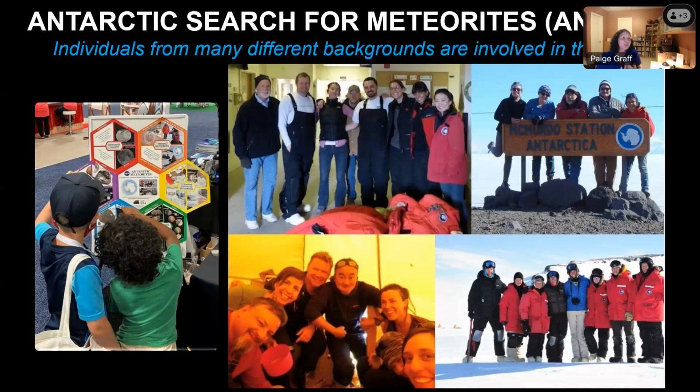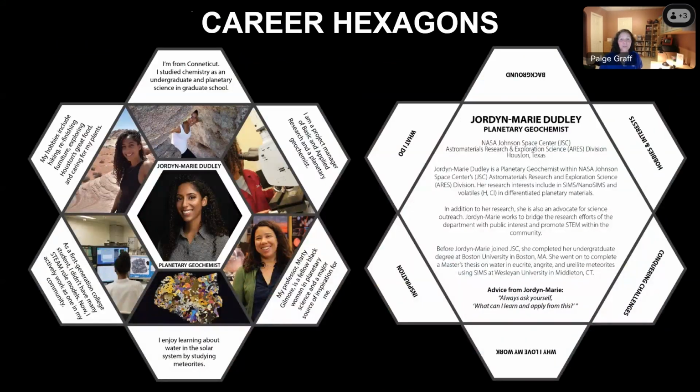But these folks or individuals that go to Antarctica, they are from many different backgrounds. And they're men, they're women, they're young, they're older, they're from all different walks of life, so to speak. Many of them are involved in research, but we want to help our learners realize that, hey, they too, you too, can be one of these folks that can be involved, whether it's searching for meteorites or even studying meteorites.